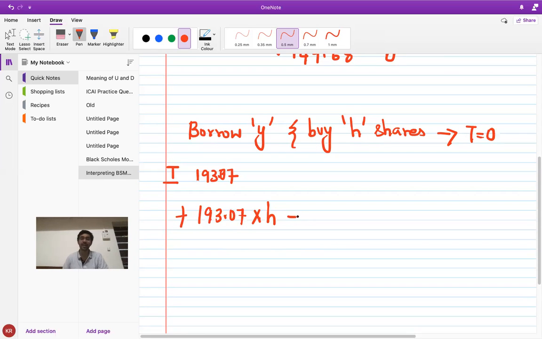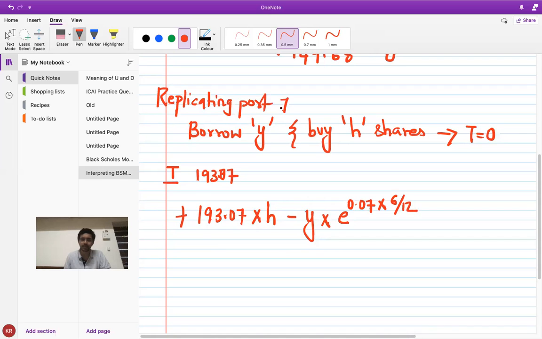Therefore, I have a cash outflow, which I'm denoting as minus Y into e power rt, since I'm doing continuous compounding, where r is 0.07 and t is 6 by 12. This is going to be my payoff at maturity from this replicating portfolio, and this is my payoff in future at t equal to 6.